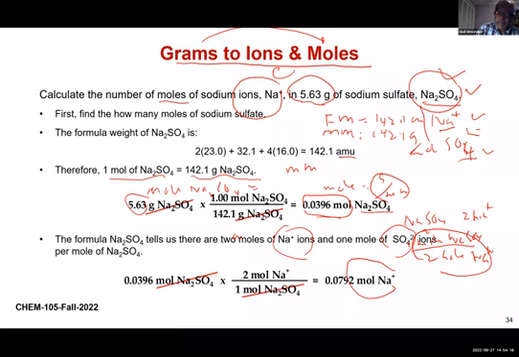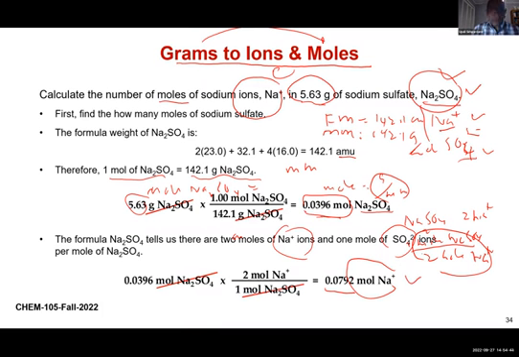This cancels out, and you get twice as many sodium ions. This is twice the number right here. There are 0.0396 times 2. You get the number of sodium ions.